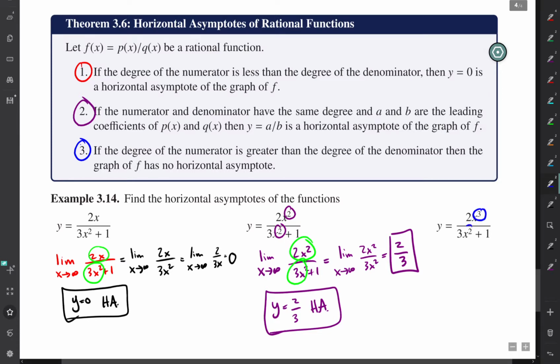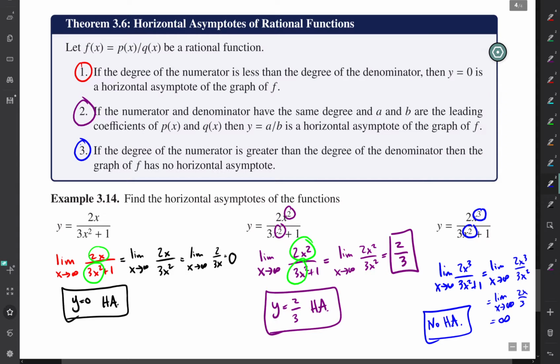So in case 3, what happens is that if you take the limit as x goes to infinity of 2x cubed over 3x squared plus 1, that'll be the same as the limit as x goes to infinity of 2x cubed over 3x squared, which even after you cancel the x squareds, you end up with 2x over 3, but as that goes to infinity, you get infinity, right? If you plug in as x goes to infinity, the x will go to infinity. And so here there is no horizontal asymptote.